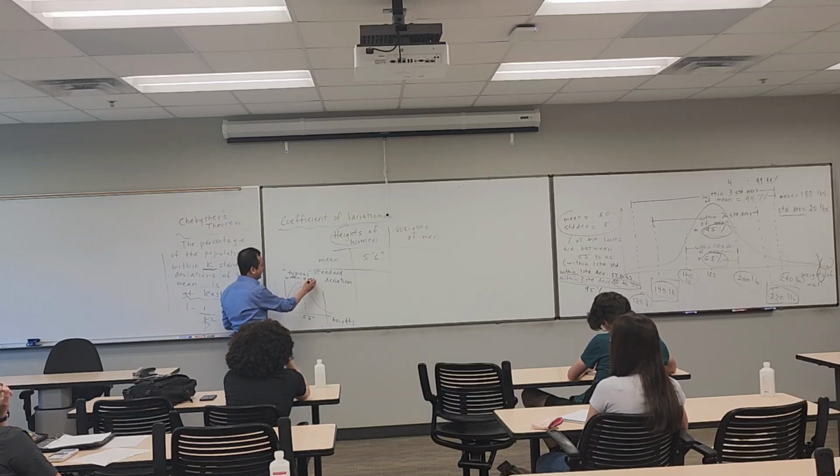if we're saying that heights of women are typical within 2 standard deviations, then let's first identify what heights we consider typical. So, for example, what is the height of the tallest woman that you would still consider to be normal or typical? There's some woman out there who's 7 feet tall, for example, but that's not considered typical.